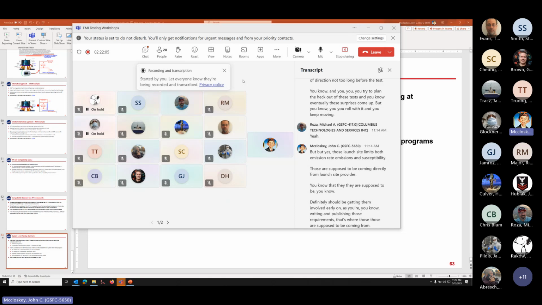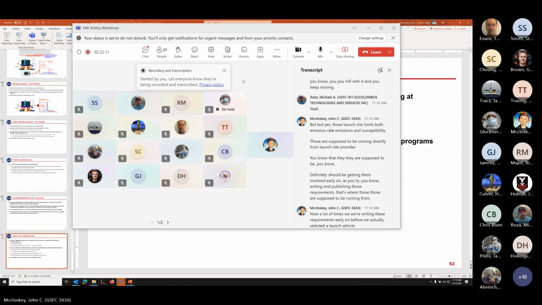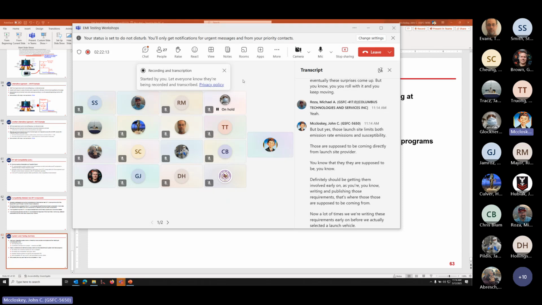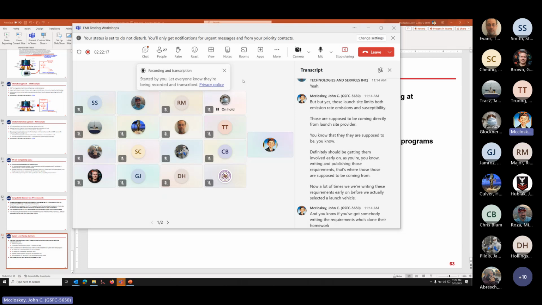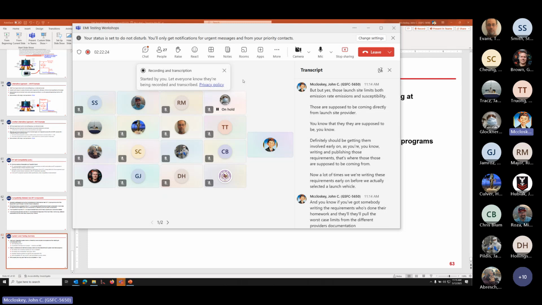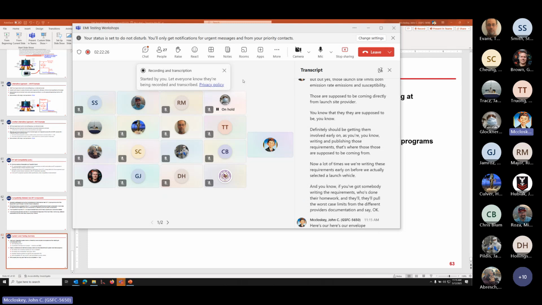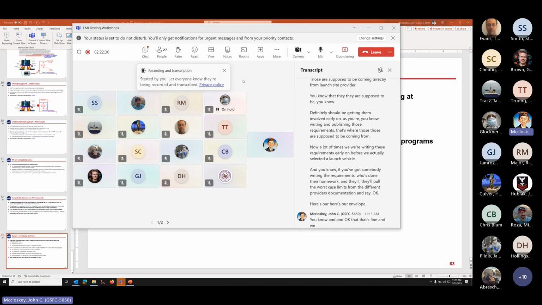Now, a lot of times we're writing these requirements early on before we've actually selected a launch vehicle. And if you've got somebody writing the requirements who's done their homework, they'll pull the worst case limits from the different providers' documentation and say, okay, here's our envelope, and that's fine, and we've done that sort of thing.